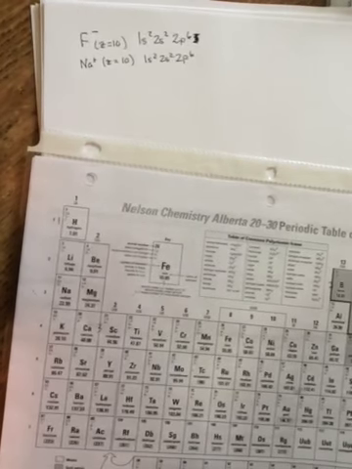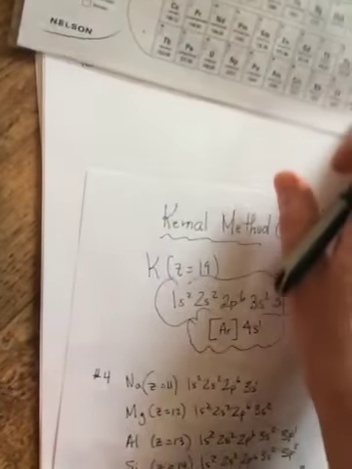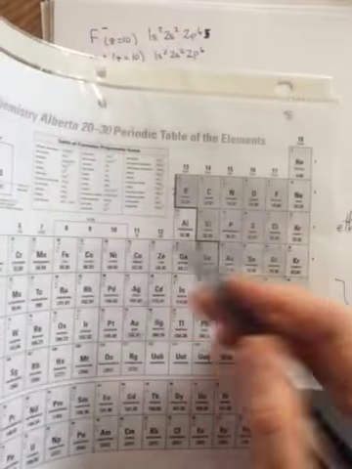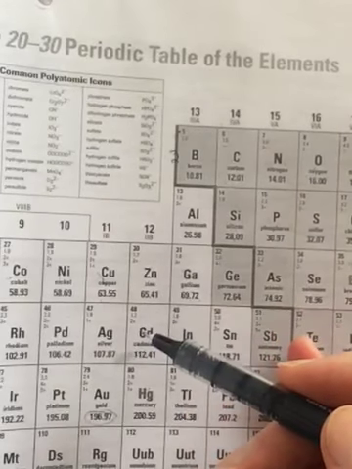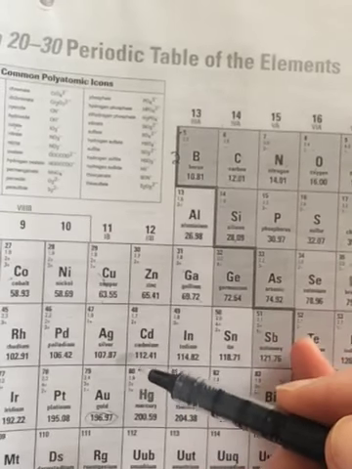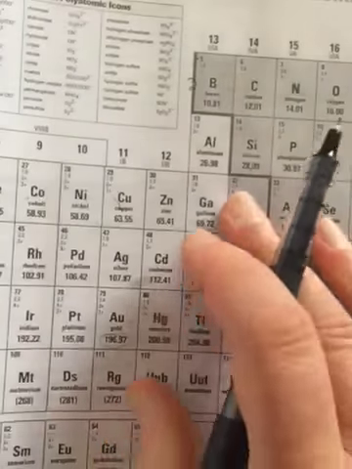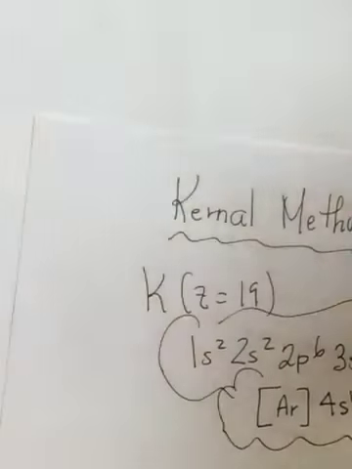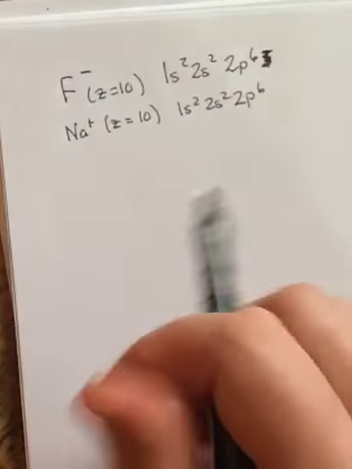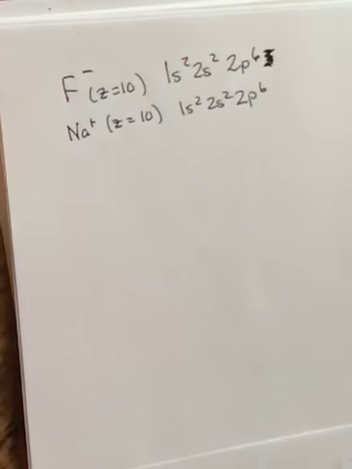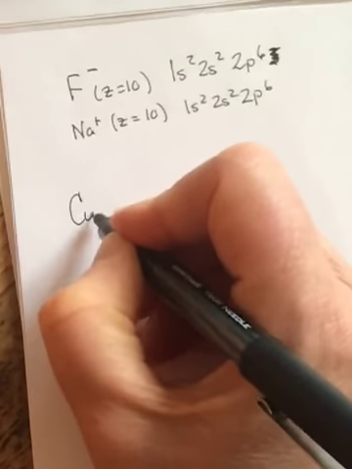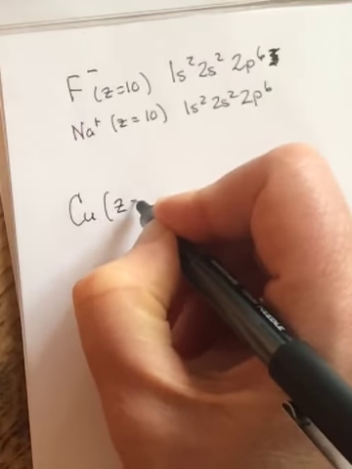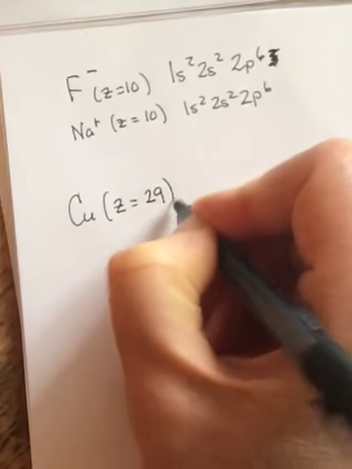All right, the last question. Use the kernel method to write down the electron configurations for each of the group 11 metals. The group 11 metals are here, and it says copper, silver, and gold. So it doesn't want you to keep going. Our periodic table has more than that, but copper, silver, and gold. Copper's symbol is Cu, and its atomic number is 29.